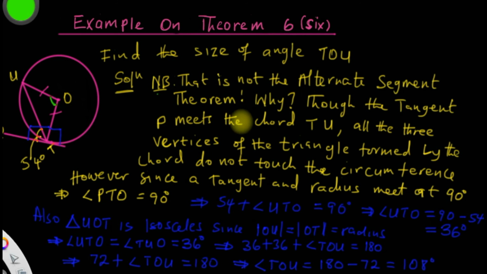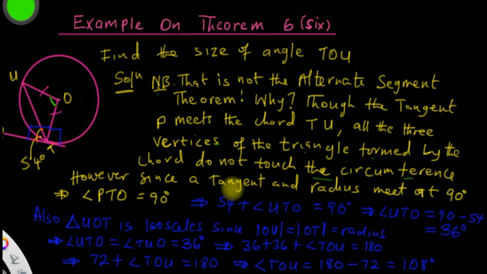The tangent P meets the chord TU, and the triangle formed by the chord has this vertex and this vertex. Only two vertices are touching the circumference, so all three vertices of the triangle formed by the chord do not touch the circumference.